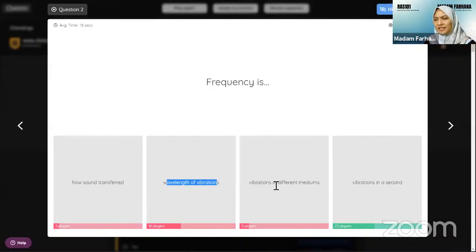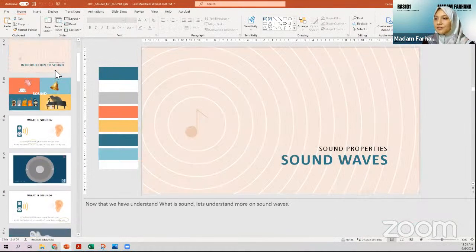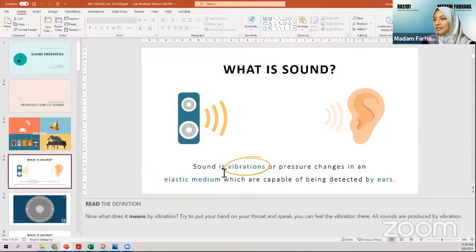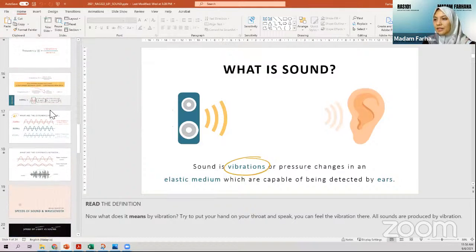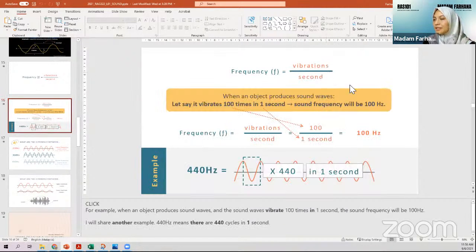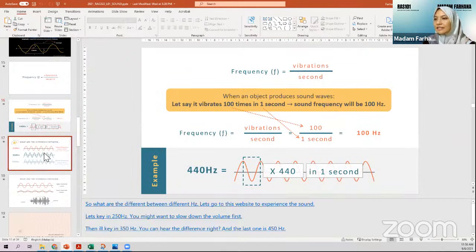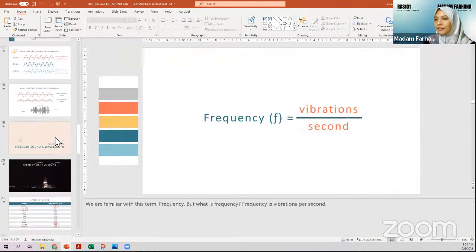Okay, actually all other answers are very random. So the answer is this one, okay? It's in a few lectures, if you realize. See? Vibrations. Frequency is vibration per second. There's a few lectures talking about this.